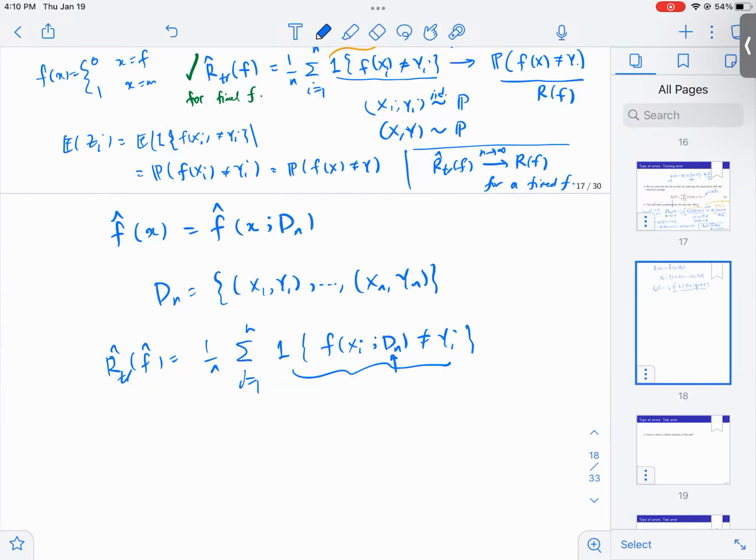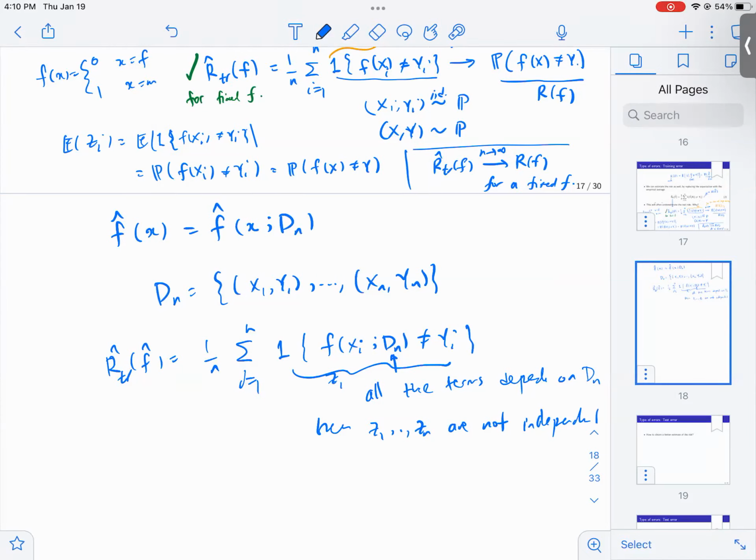Independence sort of fails, so all the terms depend on dn, which is the training data, hence the zi's. So z1 up to zn are not independent. There's too much randomness.